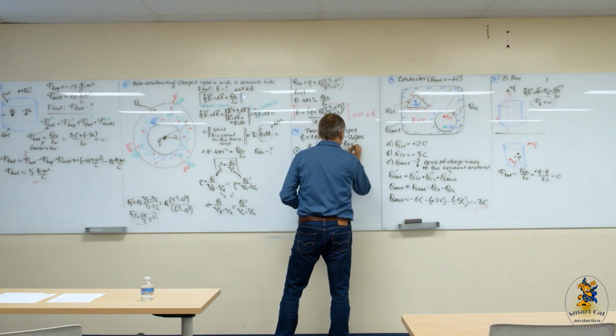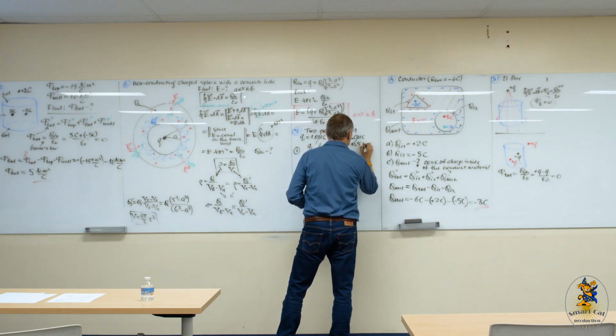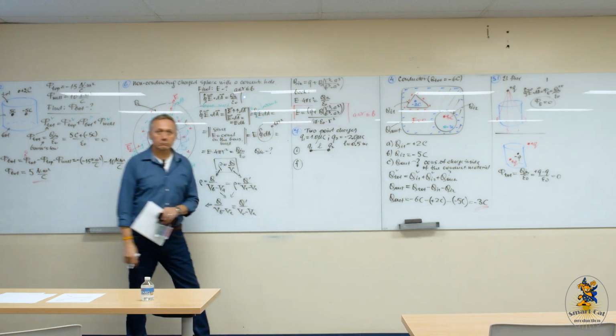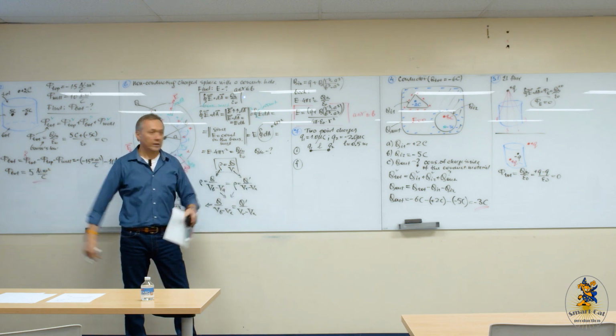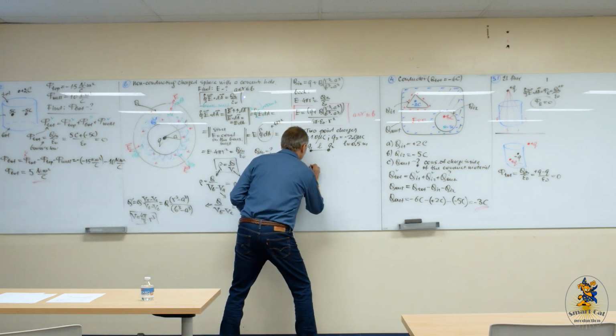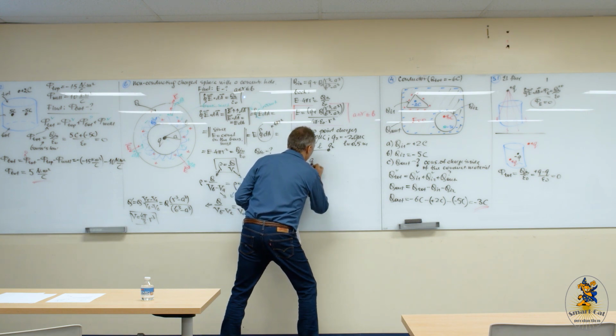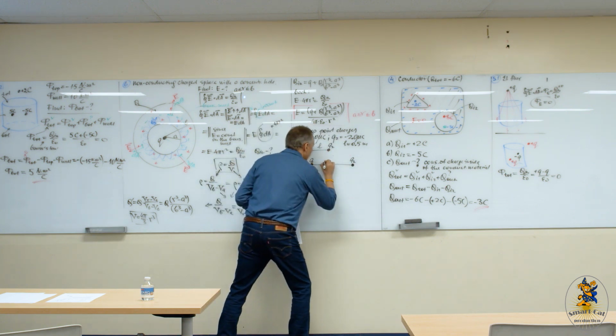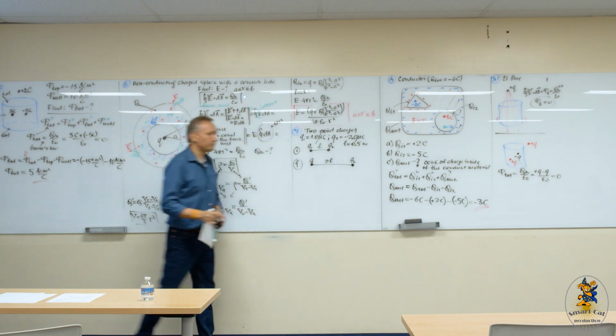Let me write L equals 0.5 meters. Then, final situation. I can use my force, I will pull them apart. So let's say Q1 is still at the same place, and Q2 will be moved over here. So that's the final situation. So now the distance is 2L.